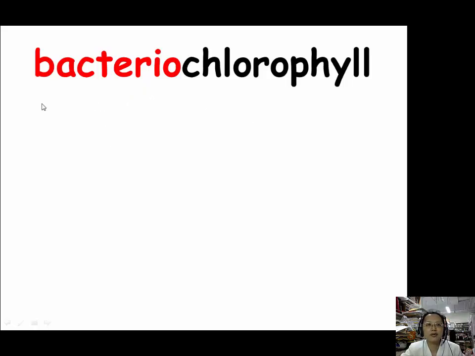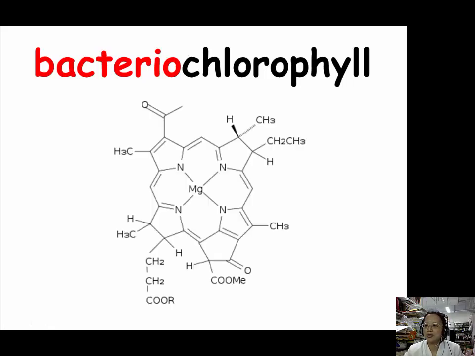And our example for bacterio is bacterial chlorophyll. Bacterial chlorophylls, as shown in this picture, are photosynthetic pigments that occur in various phototrophic bacteria. They were discovered by C.B. Van Niel in 1932.